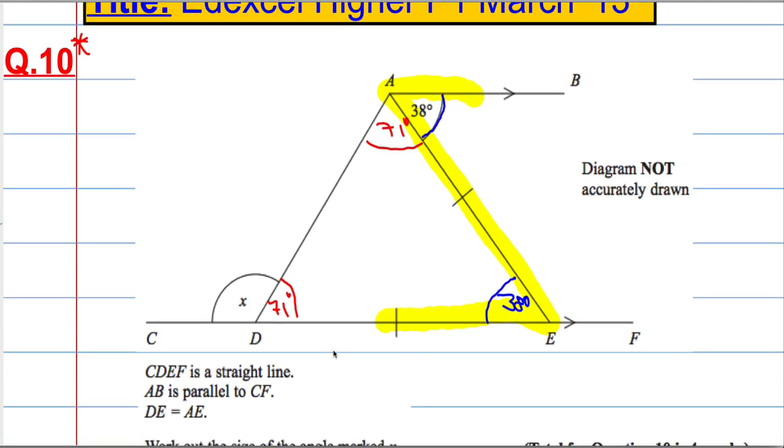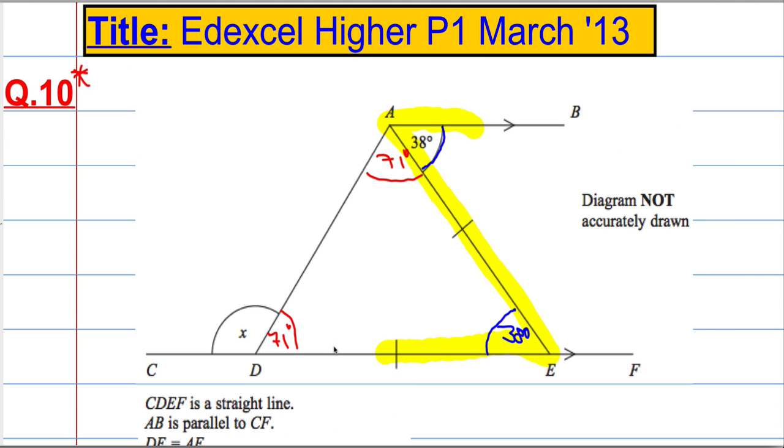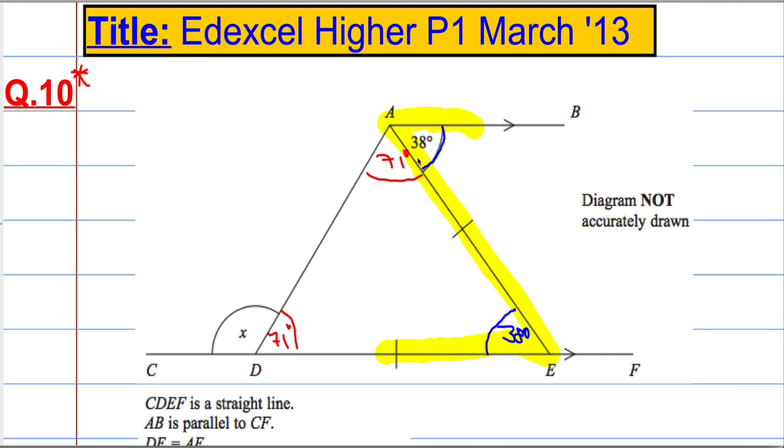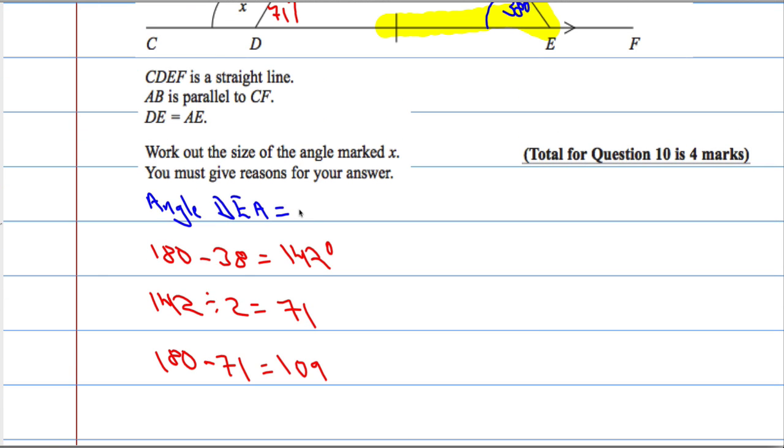I'm actually going to say angle DEA, that's this angle here. Let's write it in blue. Angle DEA equals angle EAB, and that's alternate angles.